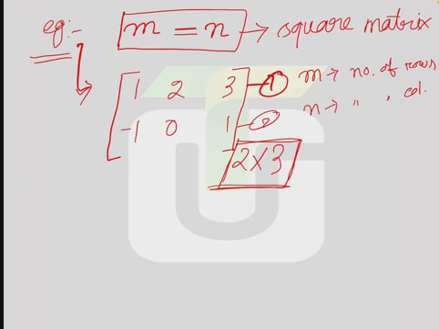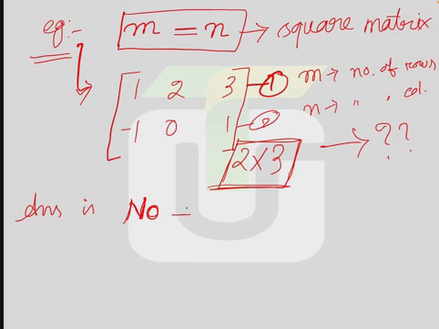Order of this matrix is what? 2 by 3 matrix. Is it a square matrix? What do you think? The answer is no, right?